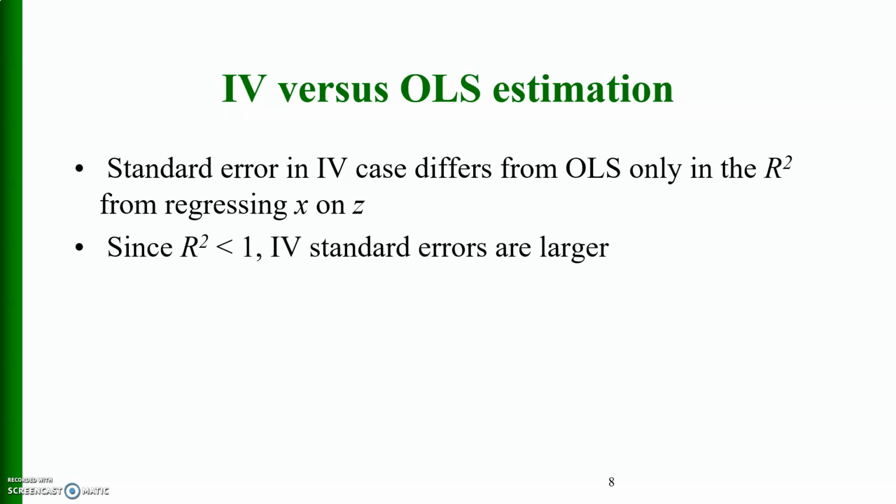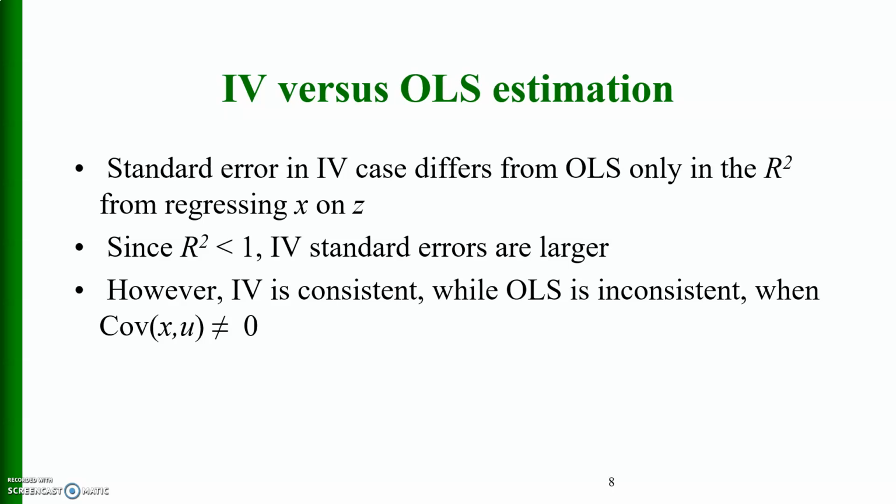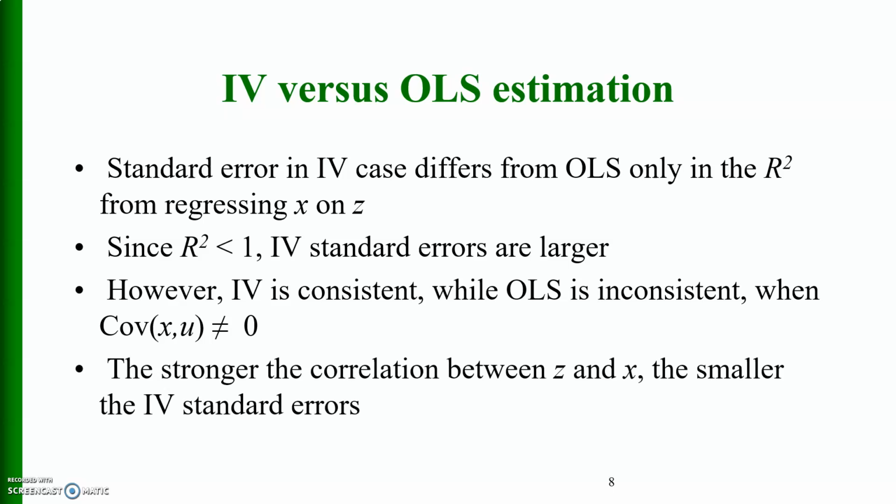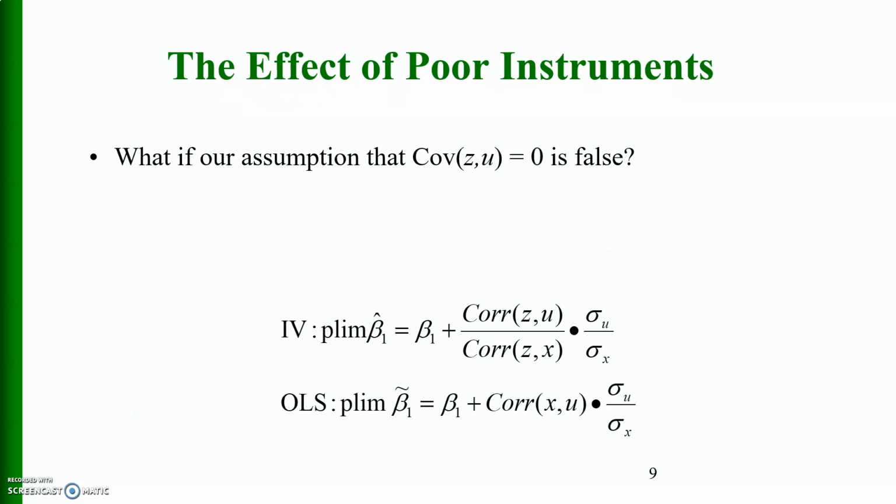Since R squared is less than 1, instrumental variable standard errors are larger. However, the instrumental variable estimator is consistent while OLS is inconsistent when the covariance of x and u is not equal to 0. The stronger the correlation between z and x, the smaller the instrumental variable standard errors.